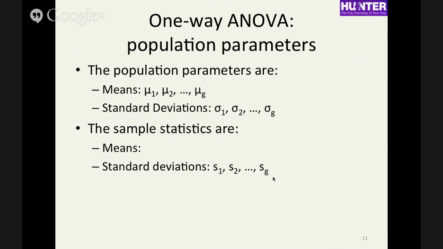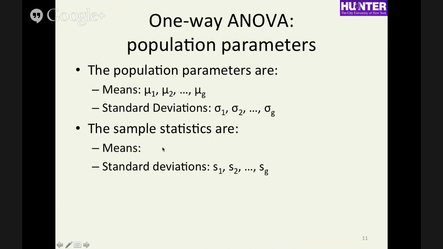So our population parameters, we're going to have a mean and a standard deviation. That's because we're assuming that these are continuous variables and they're normally distributed. So we completely describe the variability in the population with a normal distribution with several means, a mean for each of the groups and a standard deviation for each of the groups.